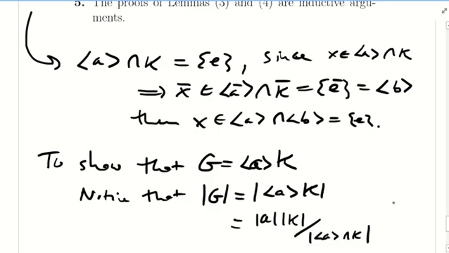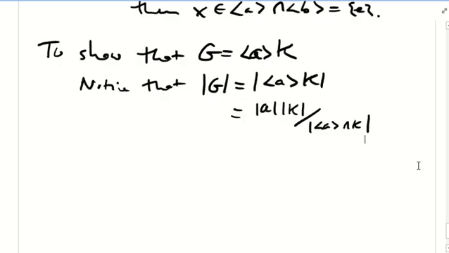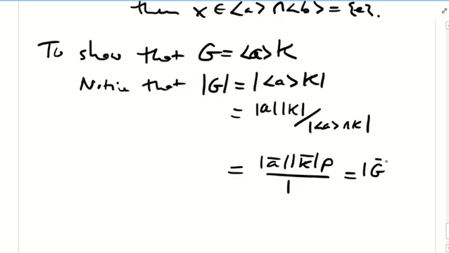So the natural projection from G to G bar is a p-to-1 mapping. So this is just that, divided by 1. And that's just the order of G bar times P, which we know is the order of G.